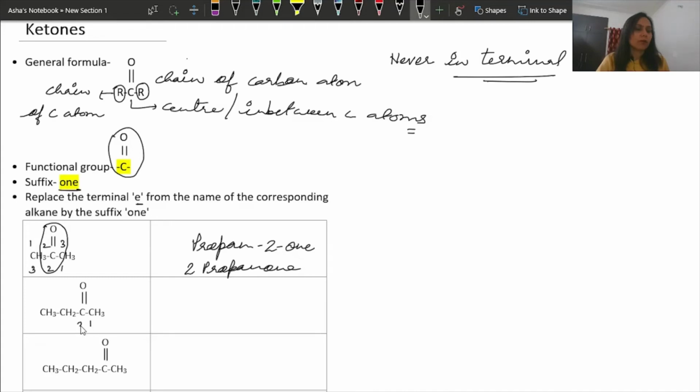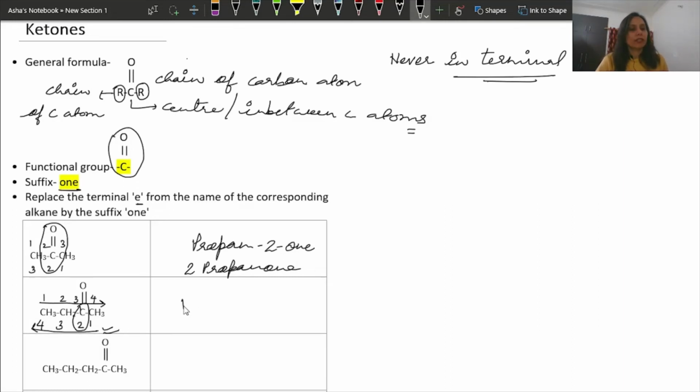This is the first carbon, second carbon, third carbon, fourth carbon, if you are doing numbering from back to front. If you are doing numbering from front to back, then this is the first carbon, this is the second carbon, this is the third carbon, this is the fourth carbon. So here you are seeing that from back to front numbering, the carbon which has the ketone group is coming at position 2.